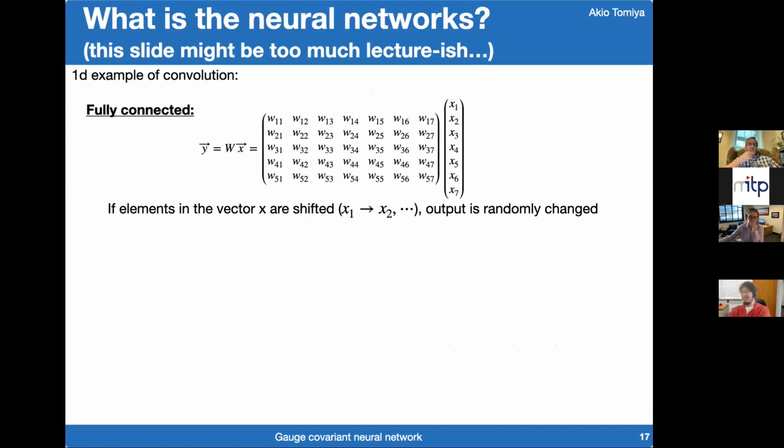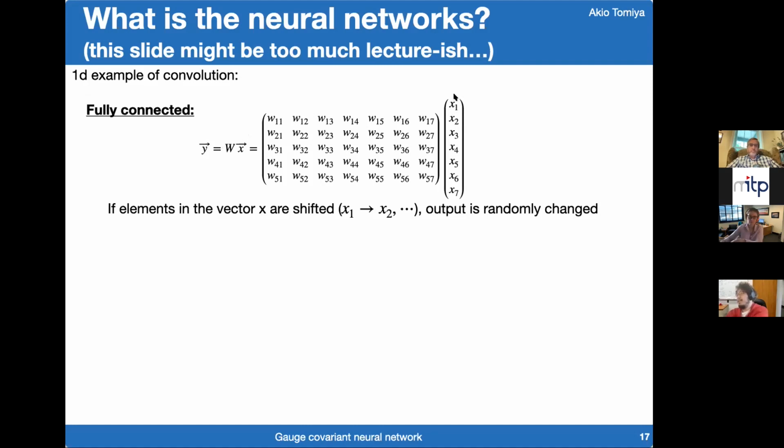And here I want to explain what the convolution is. Maybe this is two lecture-ish slides, but it is worth sharing this knowledge, I think. The example at the top is a fully connected version of one-dimensional data processing.